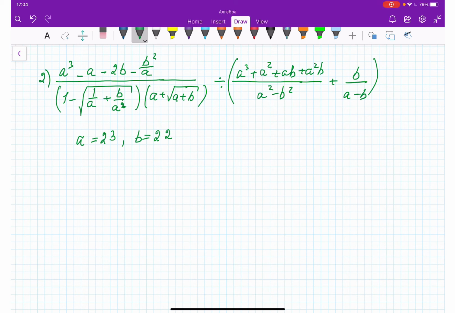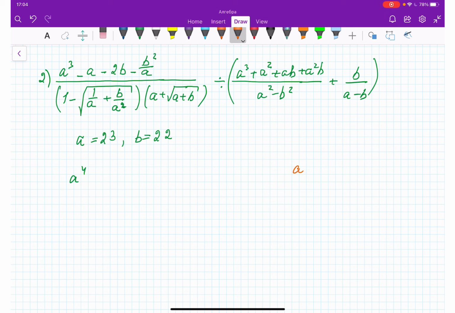First of all, I'm going to bring the numerator to a common denominator, because we have here b squared over a, right? Therefore, I'm going to bring this entire numerator to a common denominator. Let me do some drafting here real quick.